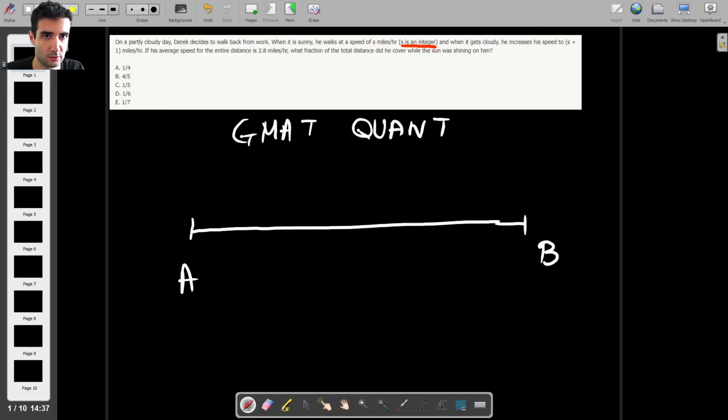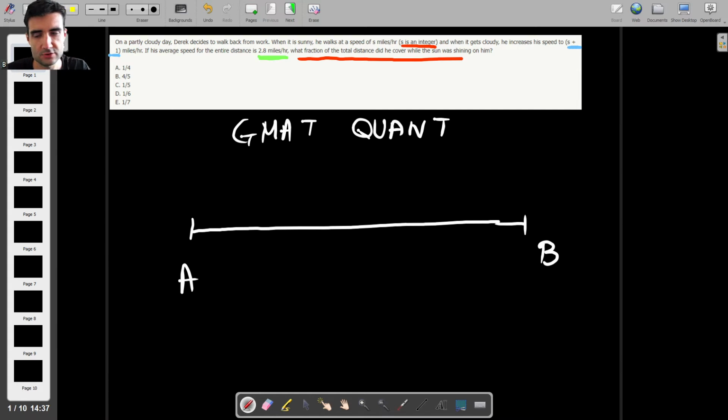When it gets cloudy, he increases the speed, so he travels faster at a speed of s plus 1 miles per hour. What we know is that the average speed is 2.8 miles per hour, and the question is, what fraction of the total distance did he cover when the sun was shining on him?